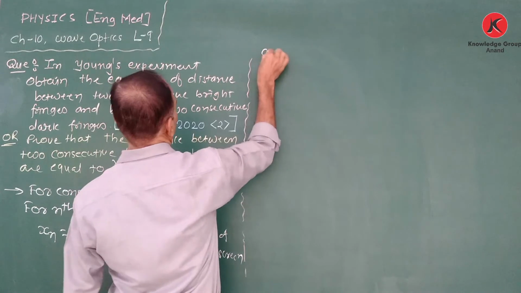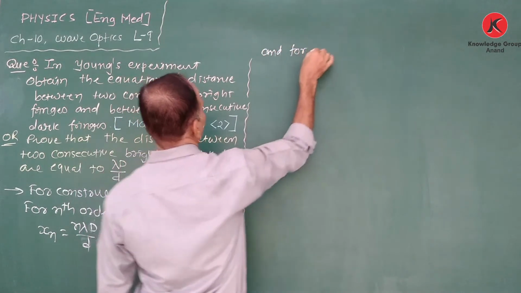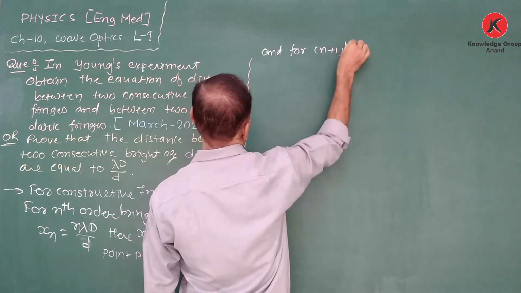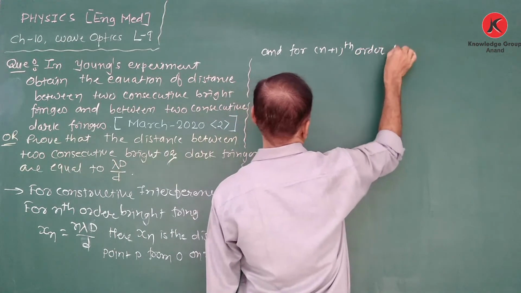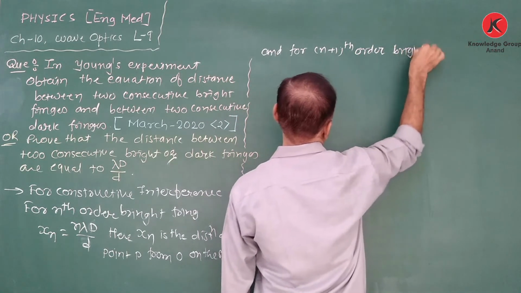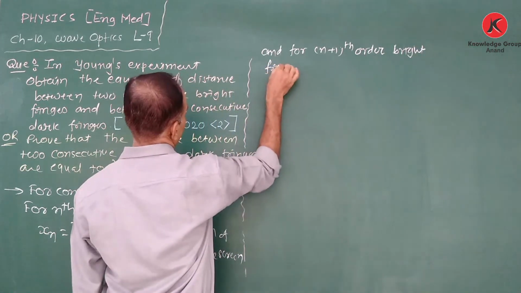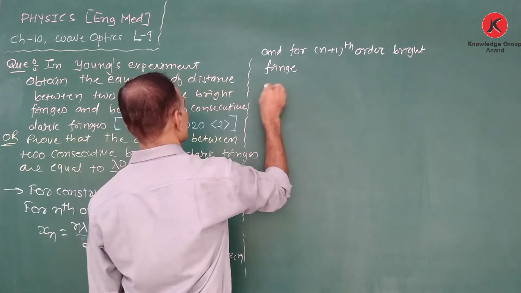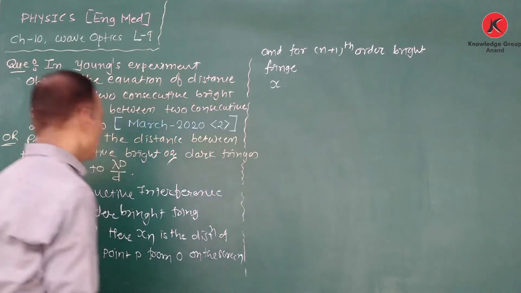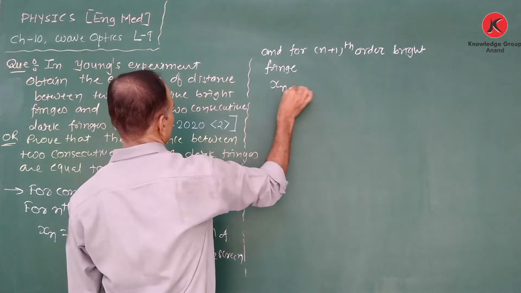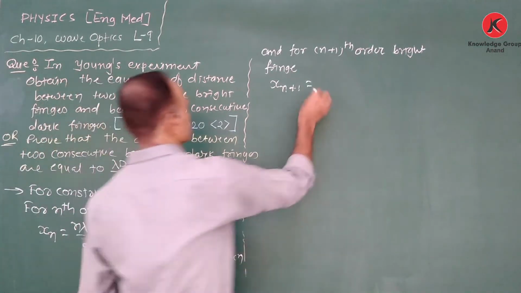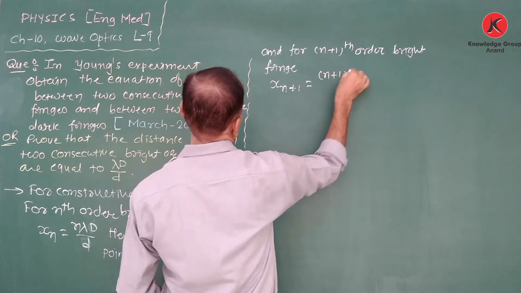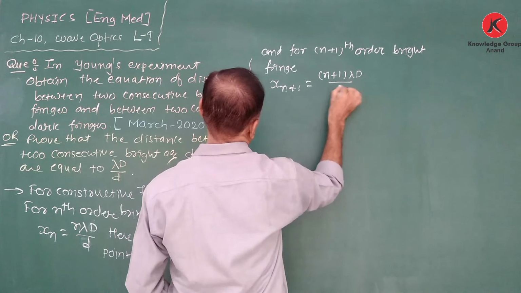And for the n plus 1 order bright fringe, the equation is xn plus 1 is equal to n plus 1 into lambda D upon d.